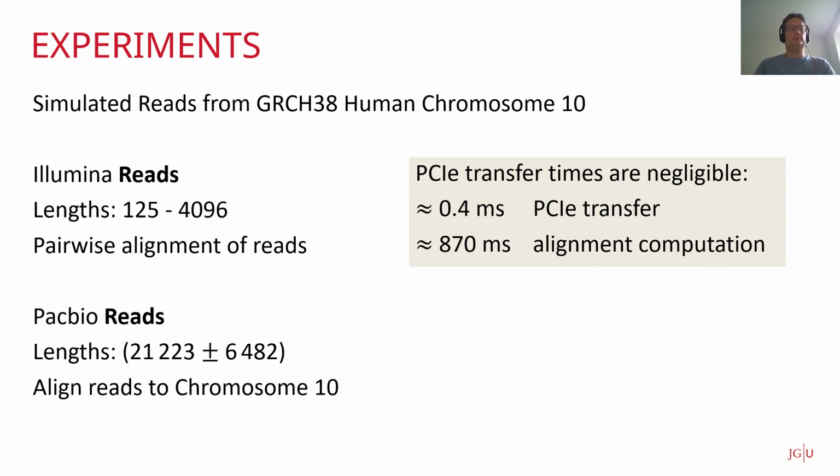PCIe transfer times to the GPU are usually negligible. For a typical dataset, it takes 870 milliseconds for the alignment computation and only 0.4 milliseconds for the PCIe transfer. So transfer times are not included in the following.